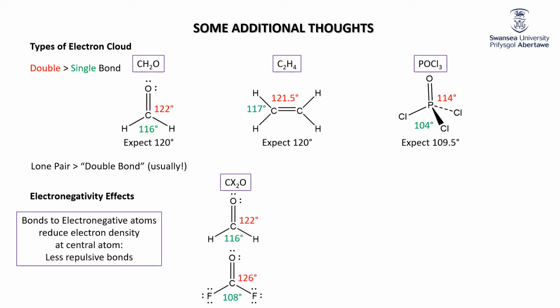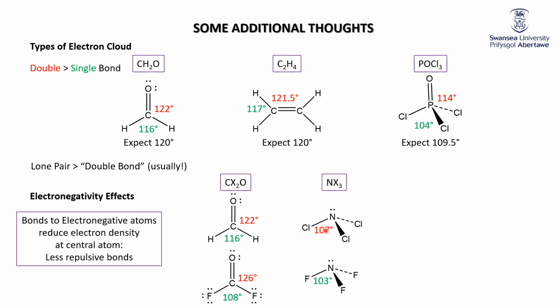And sure enough, when you look at the angles, 122 and 116 as discussed with formaldehyde, but now those single bonds are even less repulsive so they can get closer to each other because the fluorines are just sucking the electrons away. Same if we look at an NX3 series comparing chlorine and fluorine.